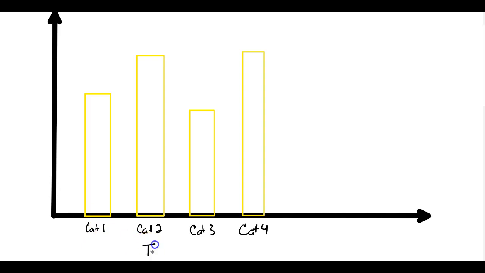Then also make sure you put a title down here as far as what these categories represent. Do they represent eye color? If so, I'd put eye color here. Do they represent type of car? If so, that's what I'm going to put here. Always make sure you have a title and you've labeled your different bars.